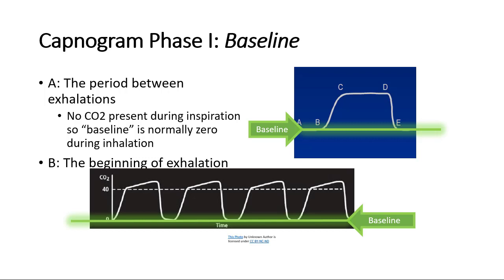Here I have these little graphics to illustrate that. If you do not have it return to baseline, you're getting additional CO2 from somewhere. And that's usually because your circuit is too long before your one-way valve. You've got too much junk in there.